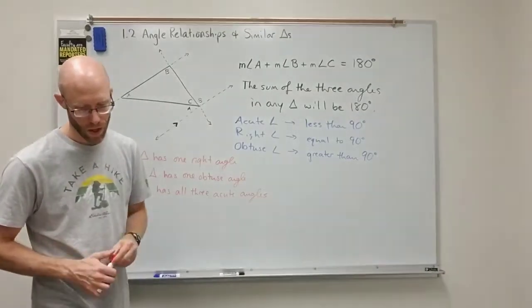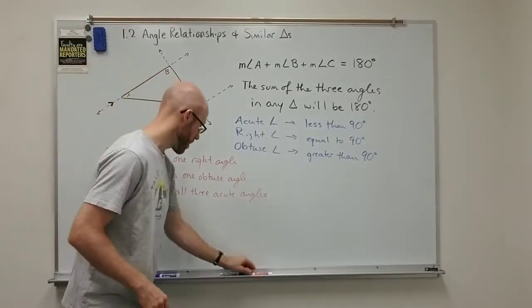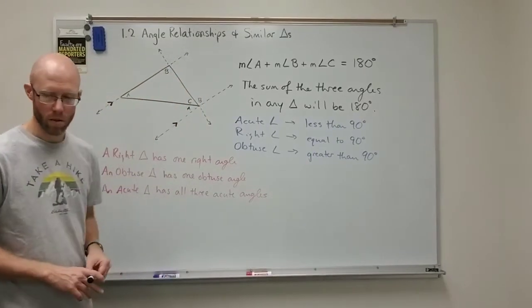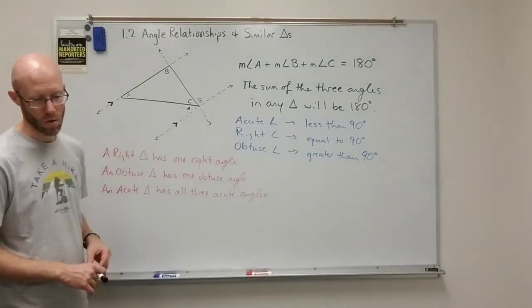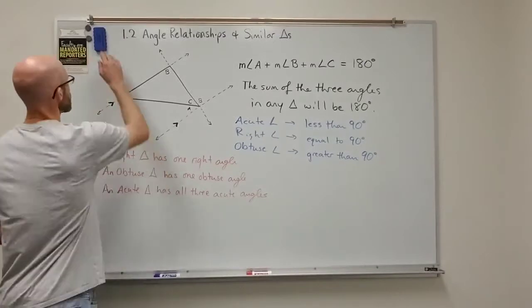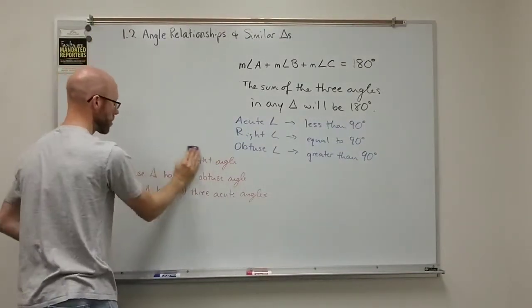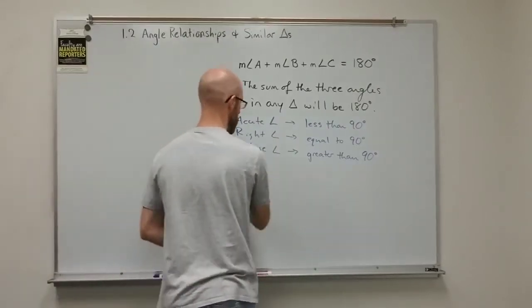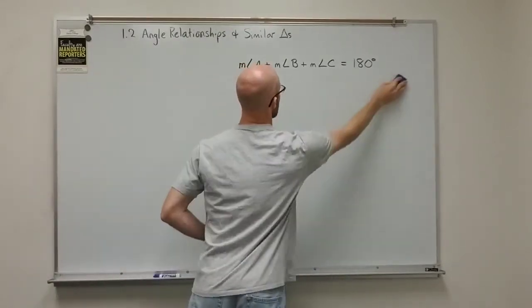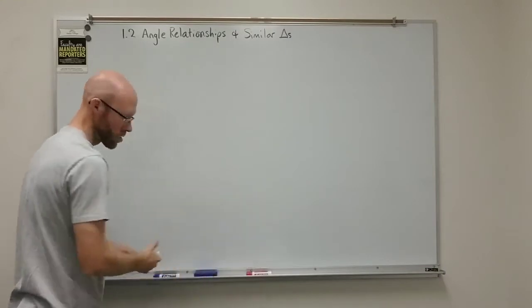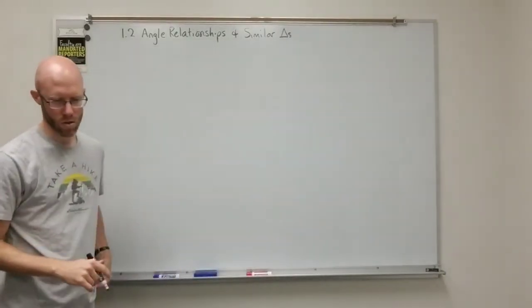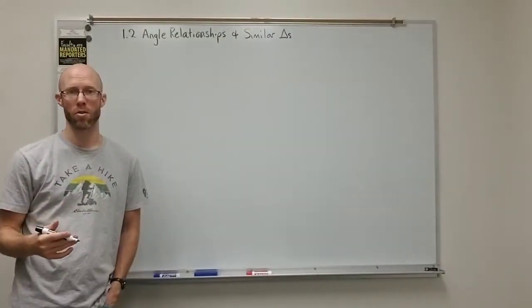Okay, so then we're going to talk about congruent triangles. Okay, so we're going to start comparing more than one triangle. So in congruent triangles, all the corresponding parts are congruent.